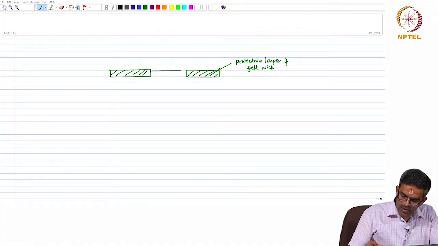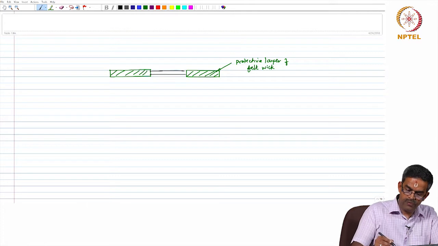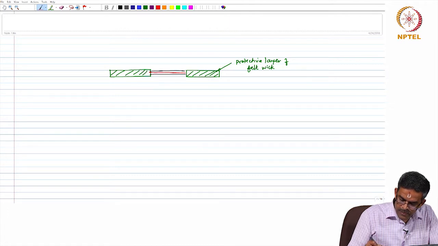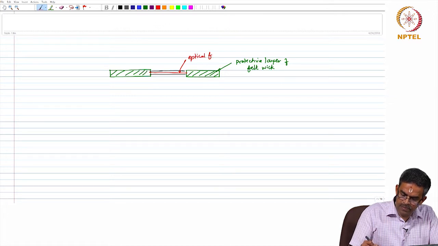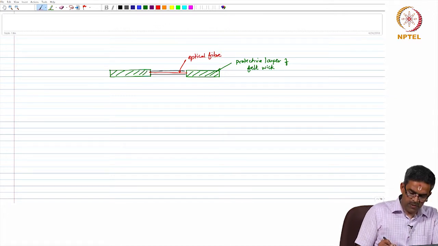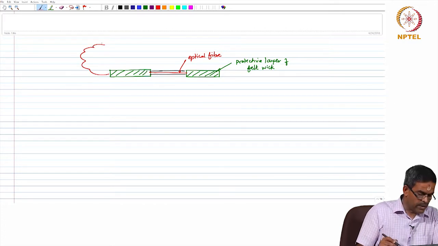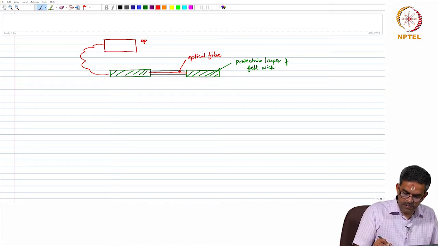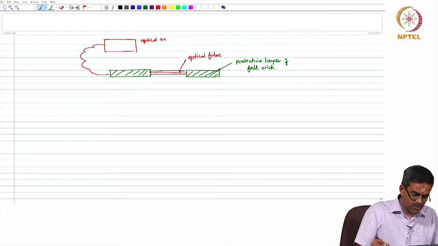This consists of a connectivity between these two, which has an optical fiber embedded into it. This is the optical fiber, which is now connected to optical time domain reflectometer.